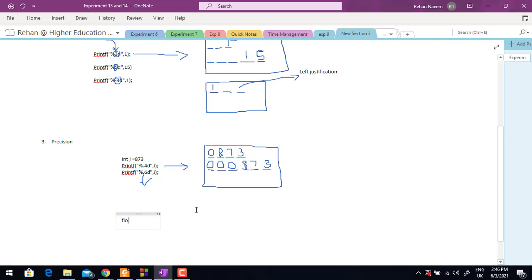Okay, if a floating number is defined as 123.94536, say I have assigned this number to variable f, and I want to see what will happen if I mention a precision number for the floating number.